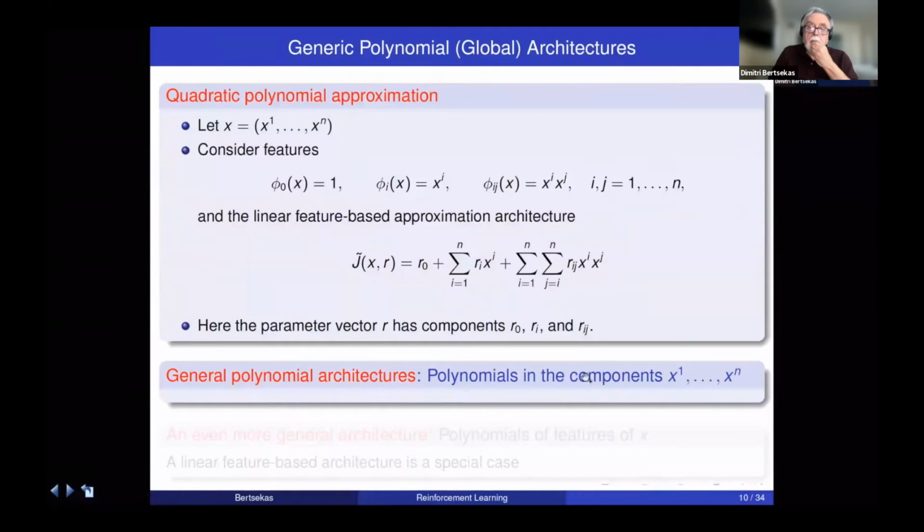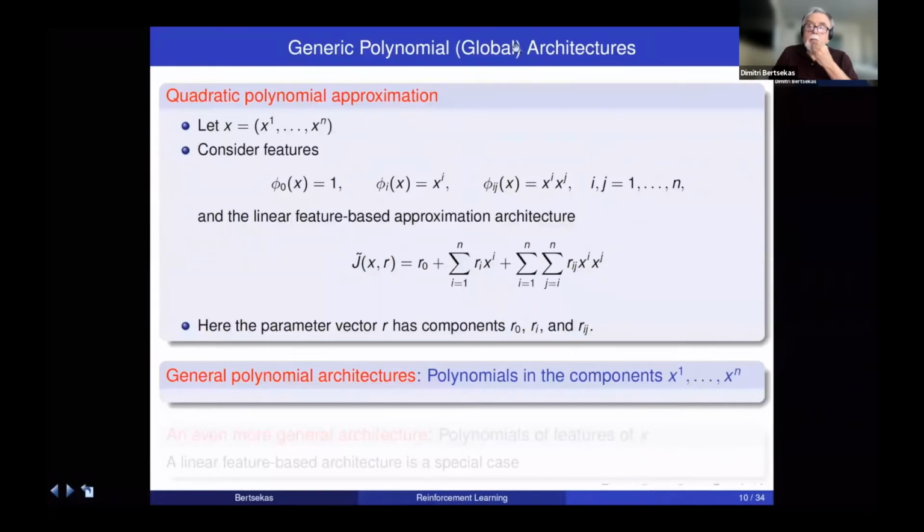Polynomials in the components. Moreover, we can decide that we're going to set to 0 some of these weights and are going to look only at selected cross-product pairs. All of this is possible. It's a generalization of this quadratic architecture.